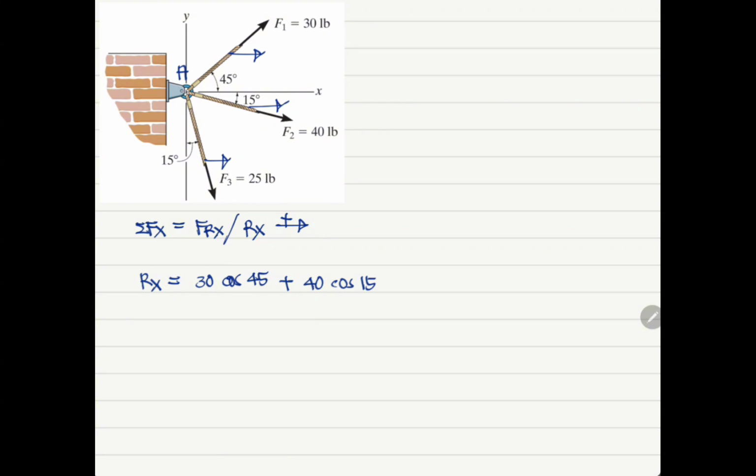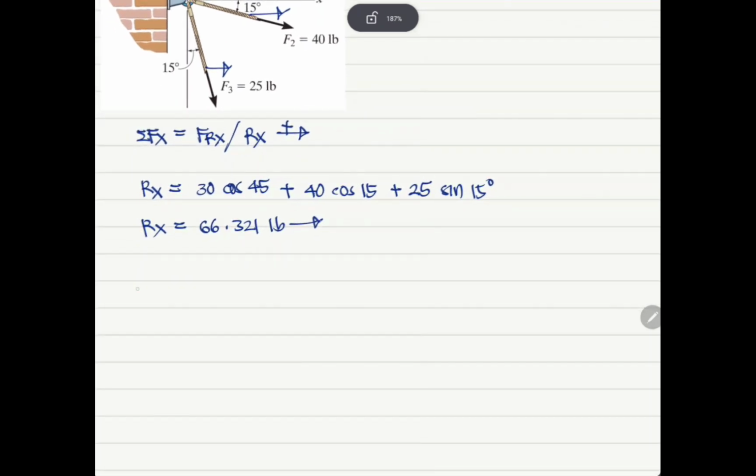F3x is to the right again, but its horizontal component is opposite the 15 degrees, so plus F3, 25, sine of 15 degrees. So Rx therefore is equal to 66.321 pounds. It is positive, so its horizontal component is to the right.